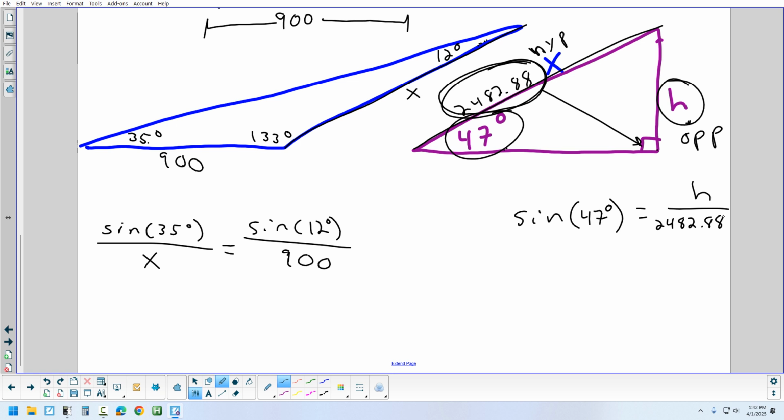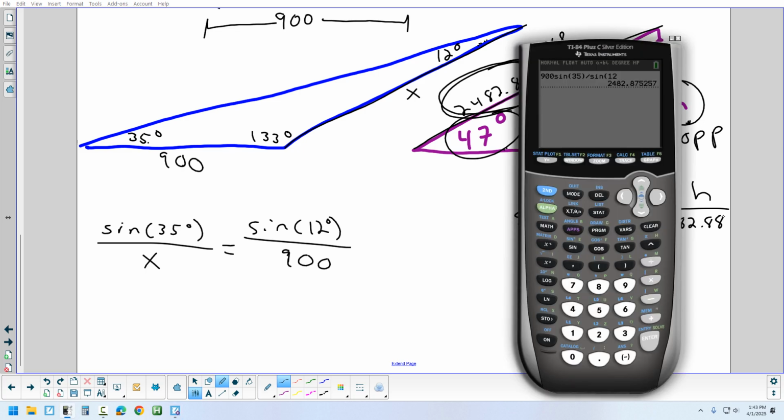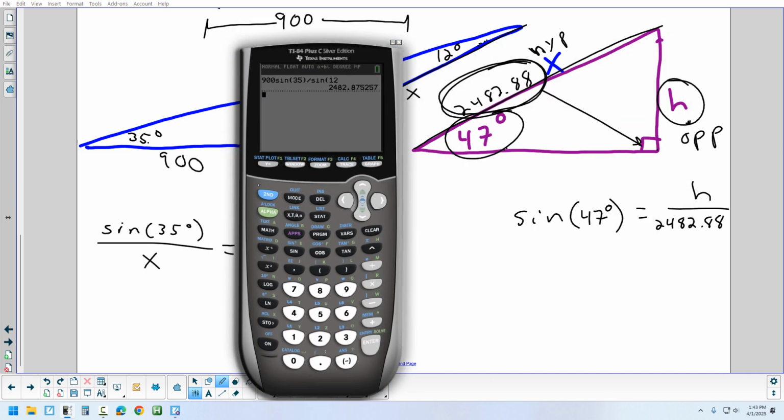Now what's your last step to get h by itself? Multiply both sides. I still have that typed in, so I can just press 2482.88 times sine 47. Good job, guys. So the height of the mountain is about 1,815.86.